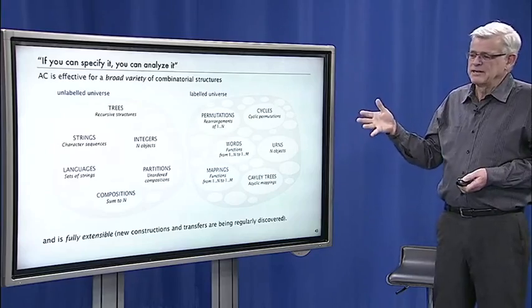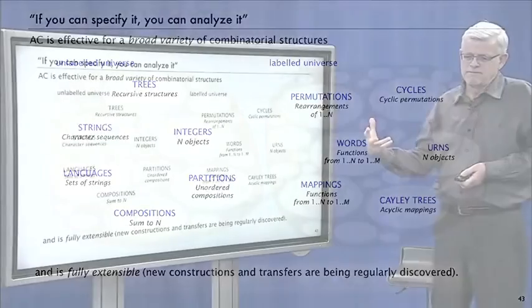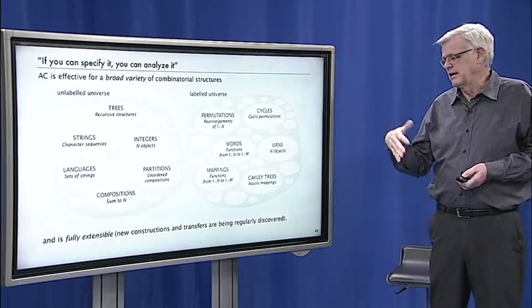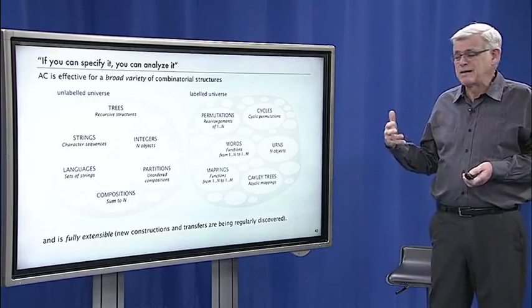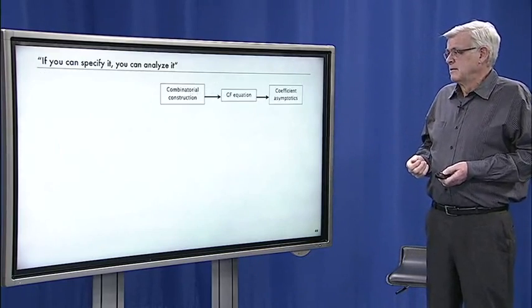And not only that, analytic combinatorics is fully extendable. So new constructions are easy to derive. Just use the tools the way you would for any formal language. And not only that, if you don't find a construction that you need, you can develop a new one and a corresponding transfer theorem. And that's happening regularly for all sorts of applications.